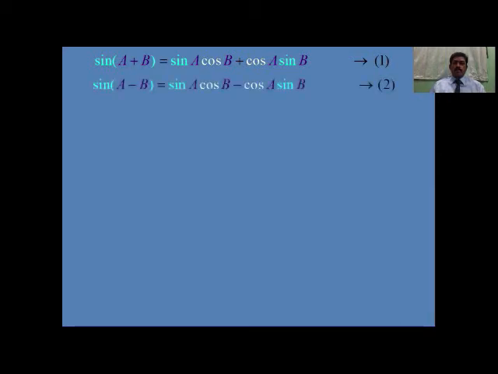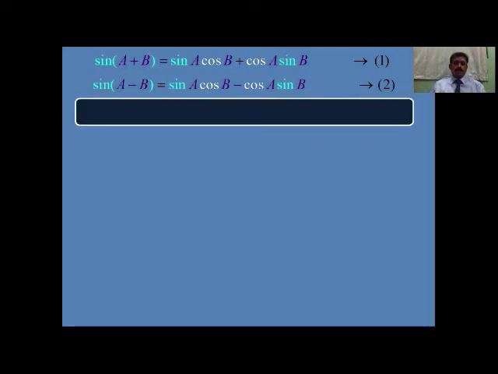I'm going to take the first two formulas, that is sin of a plus b equal to sin a cos b plus cos a sin b, and sin of a minus b equal to sin a cos b minus cos a sin b. Using this, we are going to derive the following two formulas.